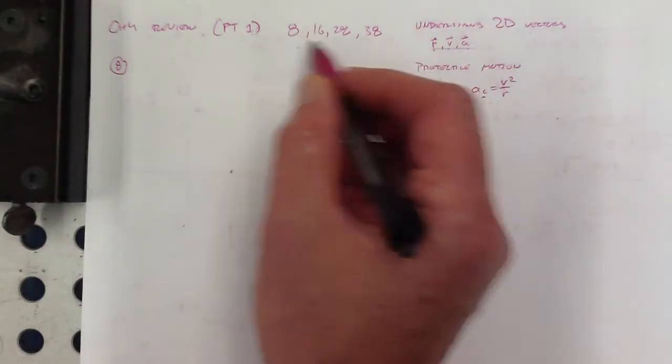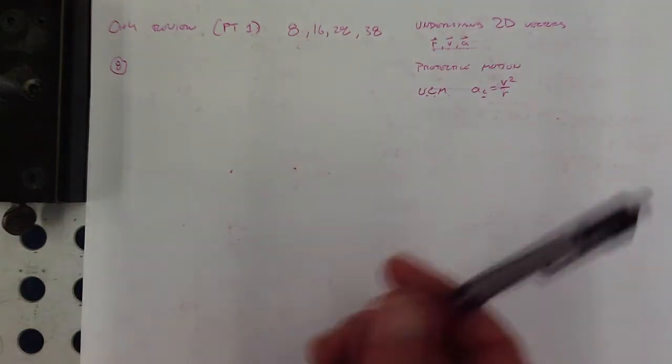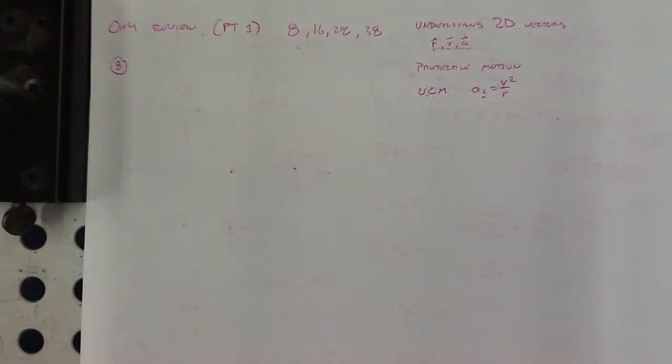Your physics teacher picked out some problems that are going to touch on these different things, I suppose. So the first one comes from this section that's about average velocity and instantaneous velocity.